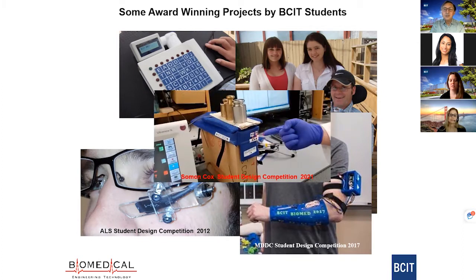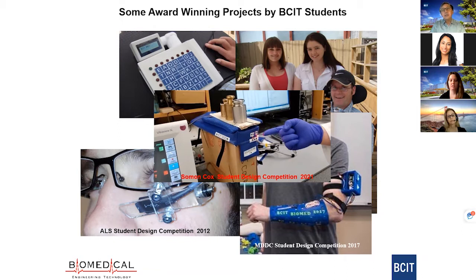Next slide, please. This is the most recent student project, from 2021. It is an arm and hand warmer for people who have limited mobility and sit in a wheelchair. Sometimes they want to go out in a cold environment.